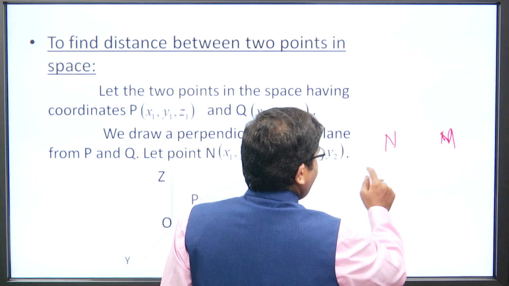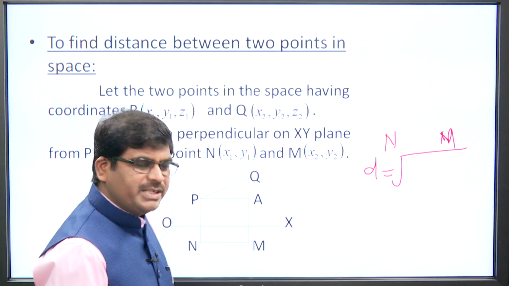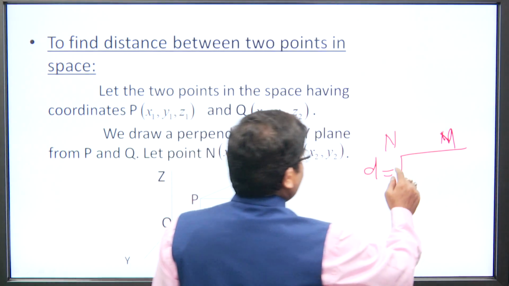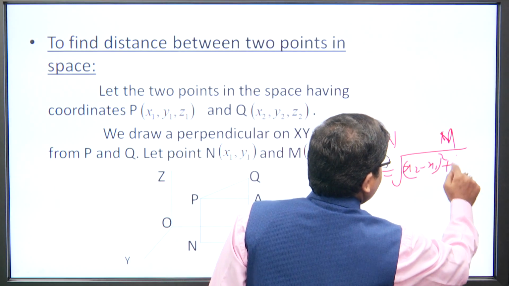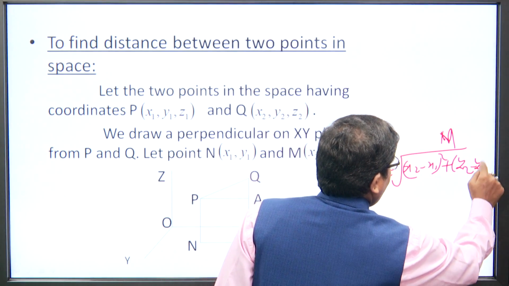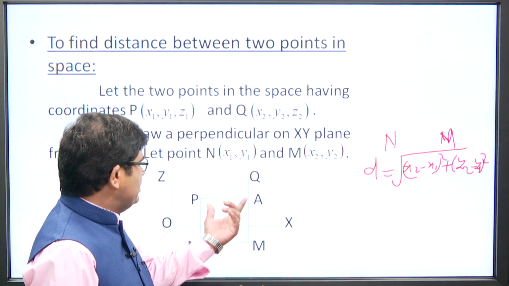As you know, in 2 dimension geometry the distance d equals under root x2 minus x1 whole square plus y2 minus y1 whole square. Here nm equals pa.